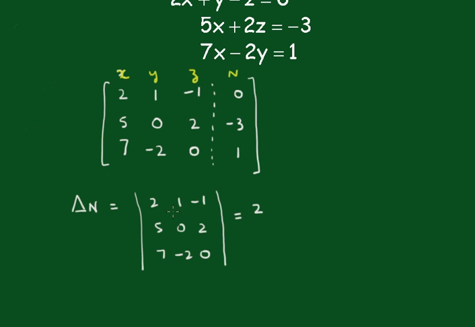That would be 2 times the determinant of 0, 2, minus 2, 0.